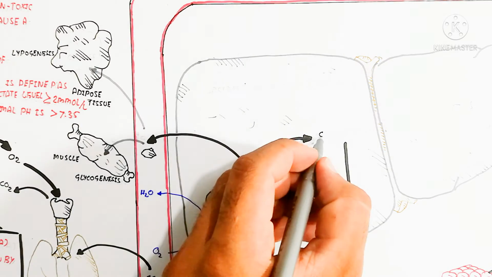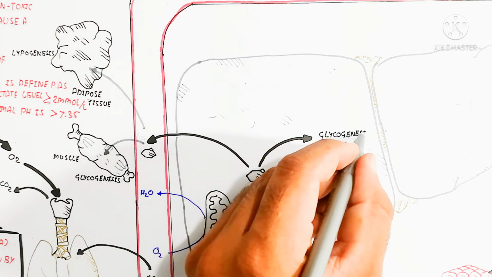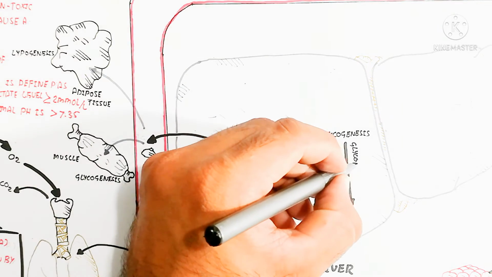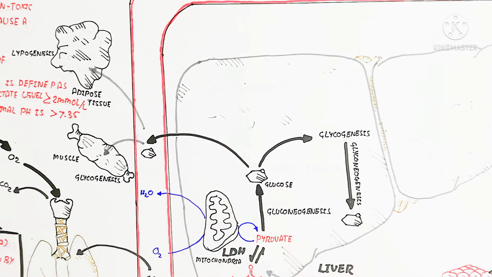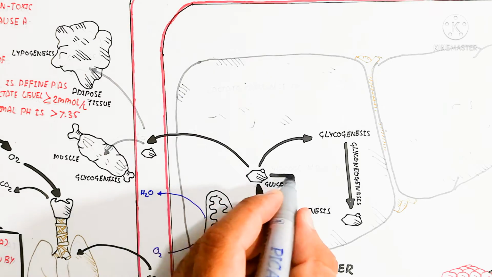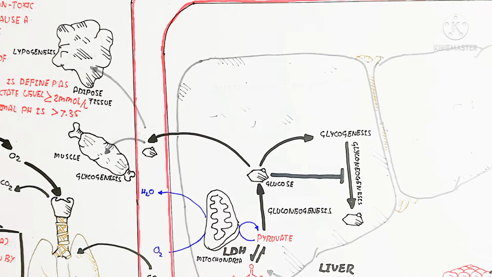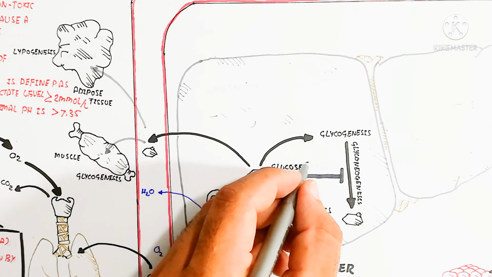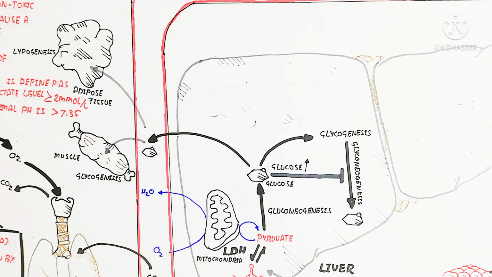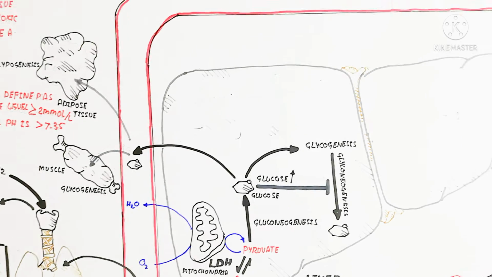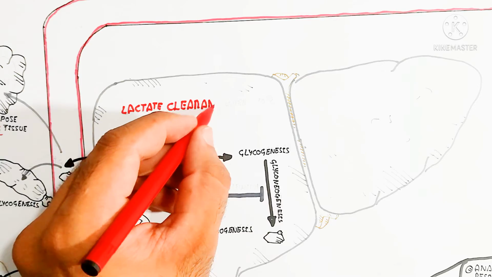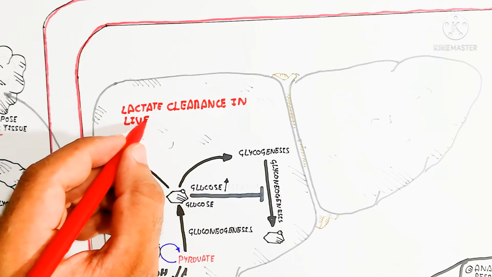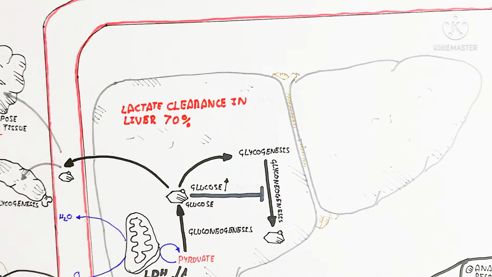The important thing is that glycogenesis occurs in the liver, and this inhibits glycogenolysis. So here it is glycogenolysis, not gluconeogenesis, which is inhibited by the elevation of glucose. Remember that.